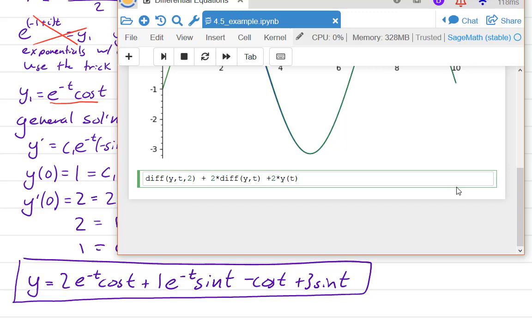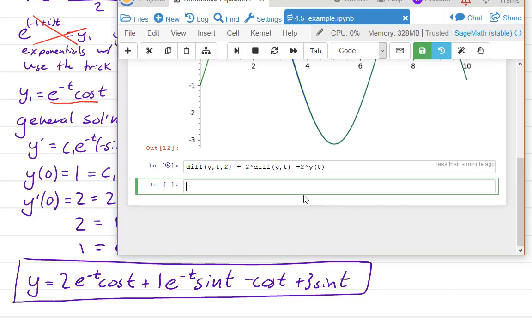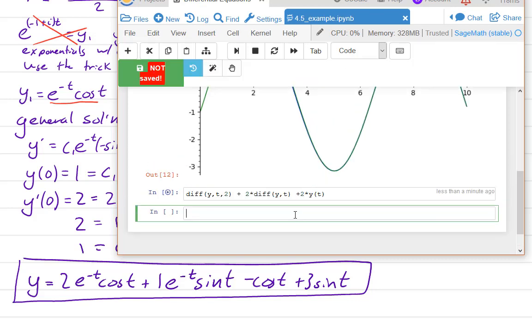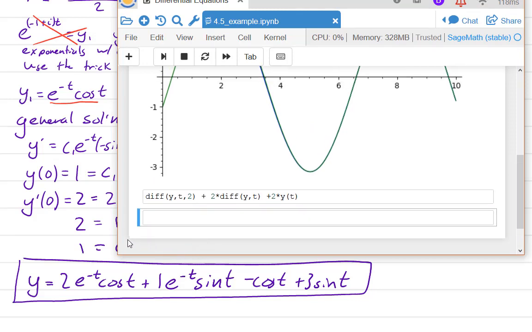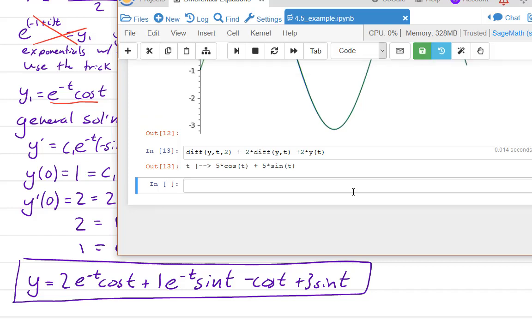And we want to make sure we get 5 cosine of t plus 5 sine of t. Oh, I just didn't press the right button. Okay, there's the answer. It is 5 cosine of t plus 5 sine of t.